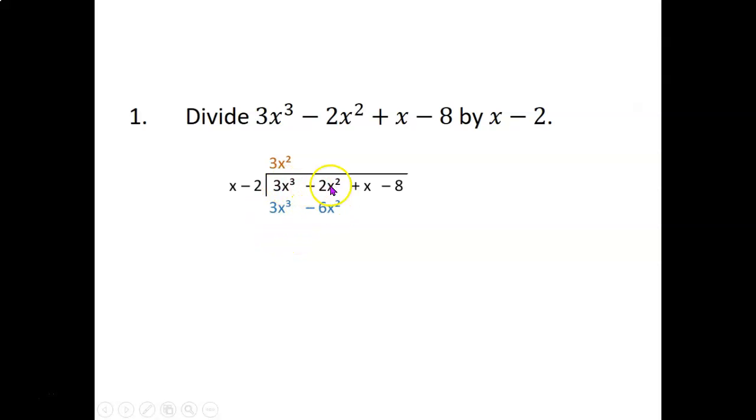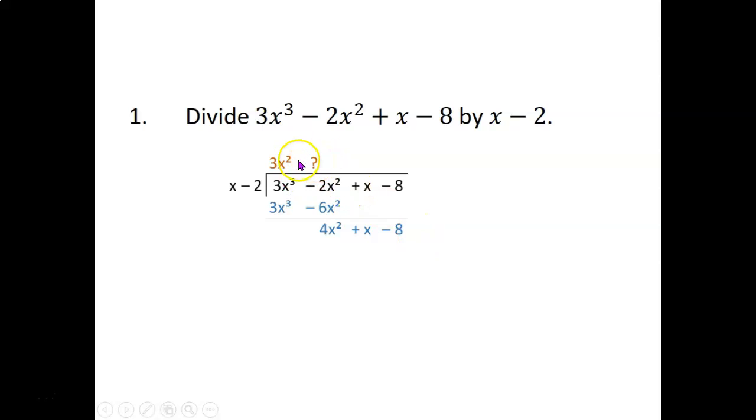I wrote that under my original polynomial, and now I'm going to subtract. 3x cubed minus 3x cubed just gives you 0, and minus 2x squared minus a negative 6x squared, which would be the same as plus a positive 6x squared, gives me positive 4x squared. Now I'm going to bring down the rest of this, and do the same sort of thing again.